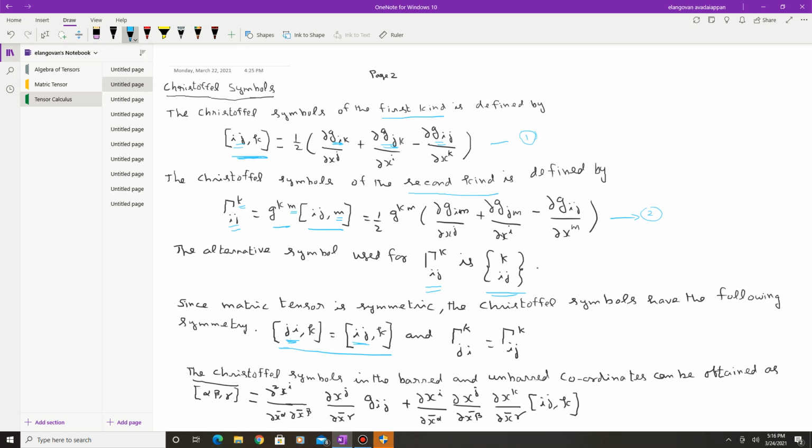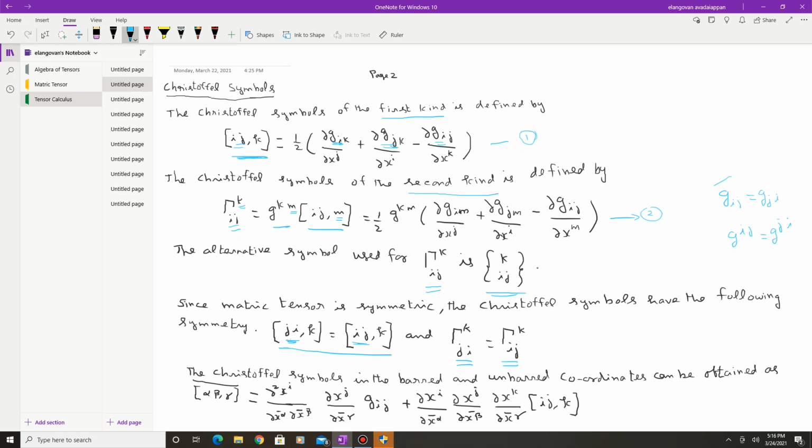Similarly, the Christoffel symbol is symmetric with respect to the two indices i, j for the second kind also, because the metric tensor is symmetric. We already discussed g_ij is equal to g_ji.